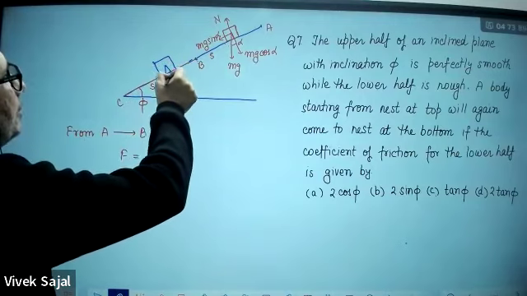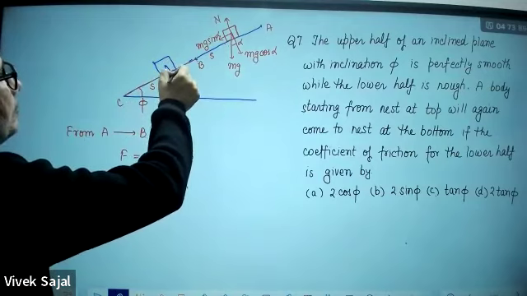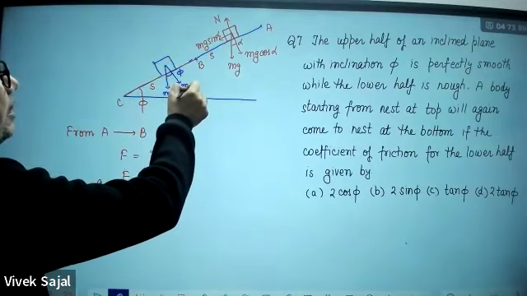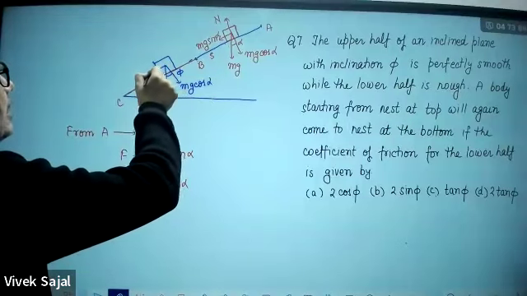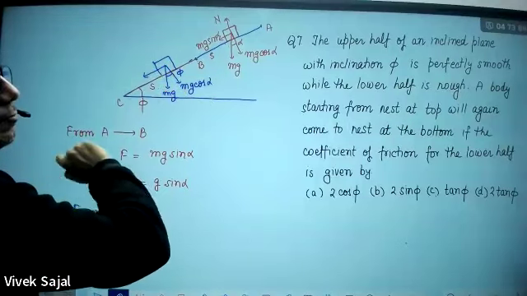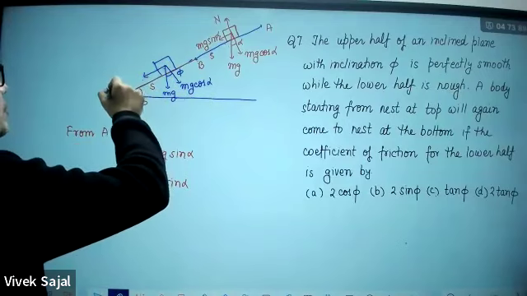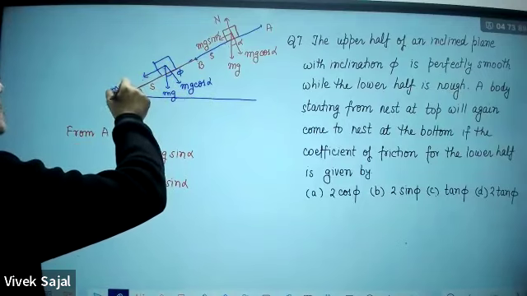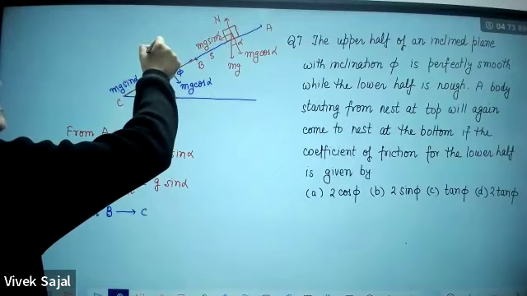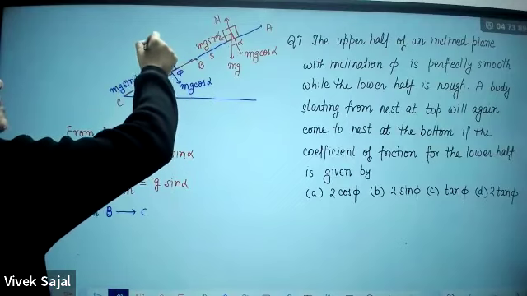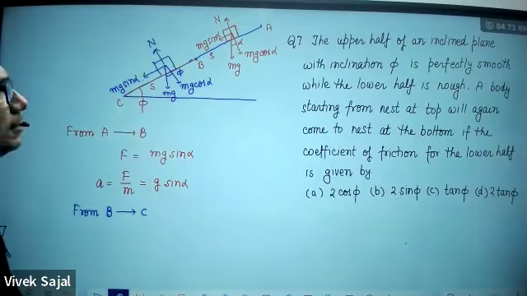This component of weight will remain the same, mg cos alpha. In this direction, the force acting will be mg sin alpha. The normal reaction will be there.